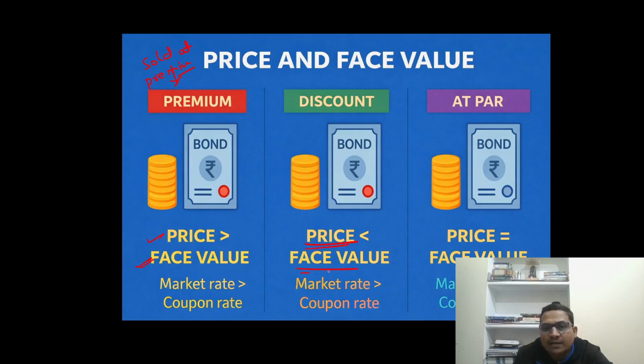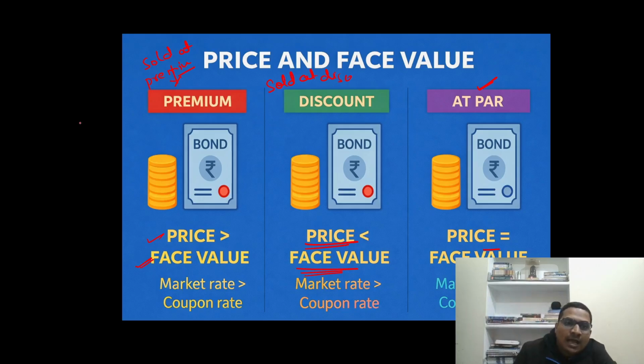If your price is lower than your face value, then we say the bond has been sold at a discount. And if it is sold at the face value only, then we say it is sold at par. Now, how do premium, discount and par get affected, and how is the market interest rate going to affect the prices?